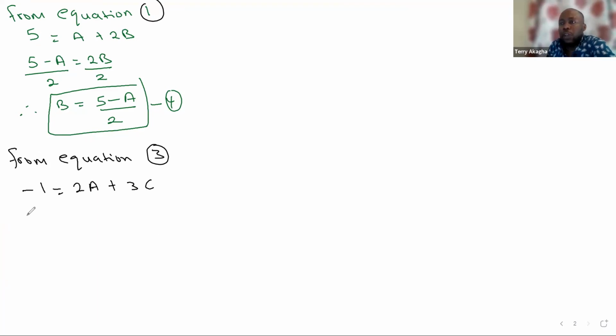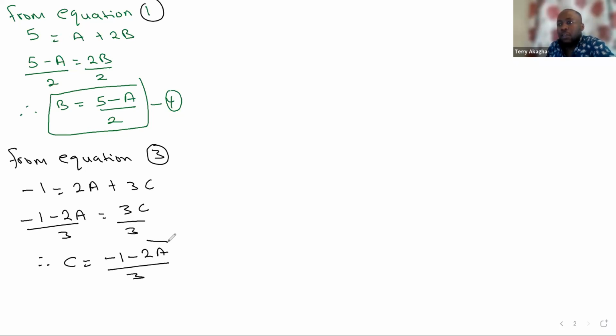So you take 2a to the other side, which gives minus 1 minus 2a is equal to 3c. Then divide both sides by 3. So we can now say, therefore, c is going to be equal to minus 1 minus 2a all over 3. And let's call this equation 5.